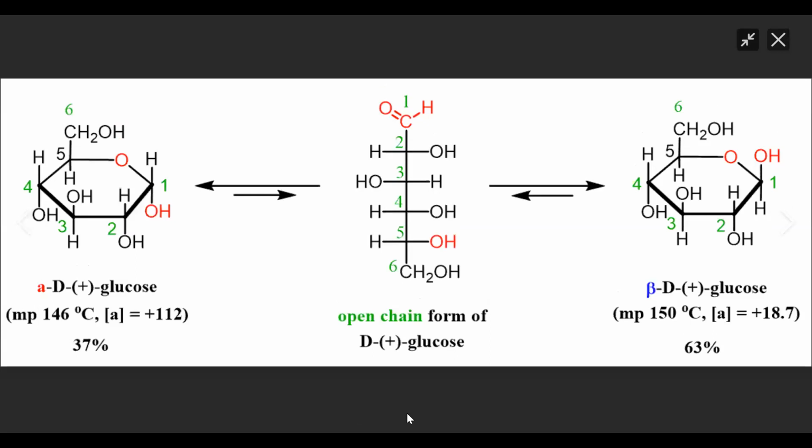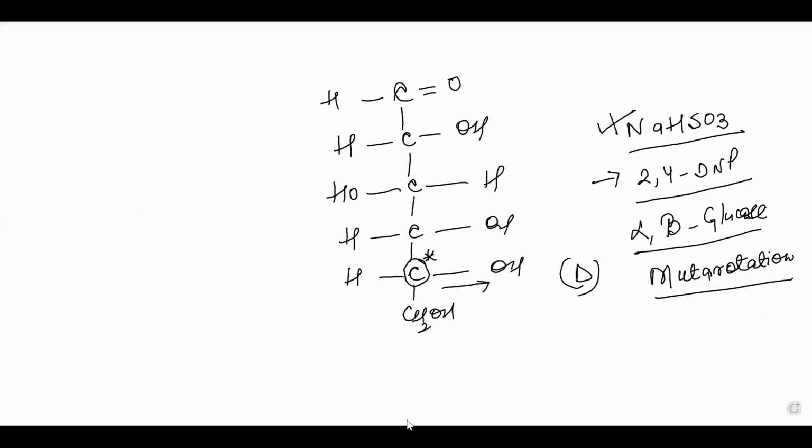So now I will first be sharing with you how all this happened. Look at this side. This is HC double bond O, CH.